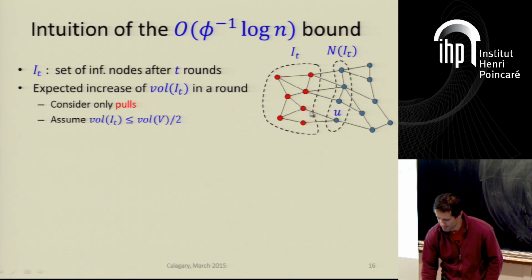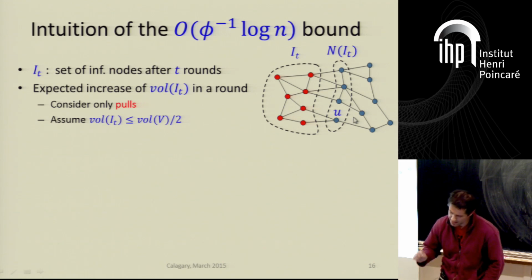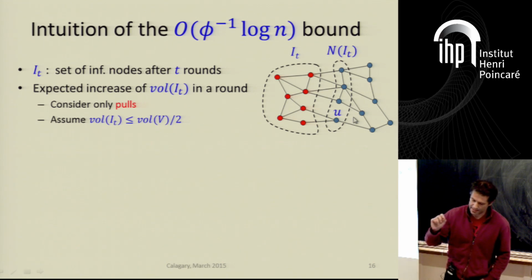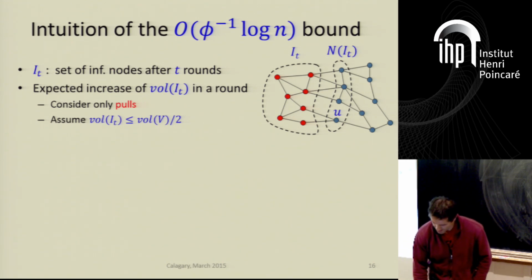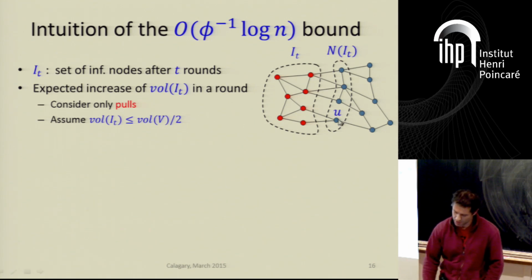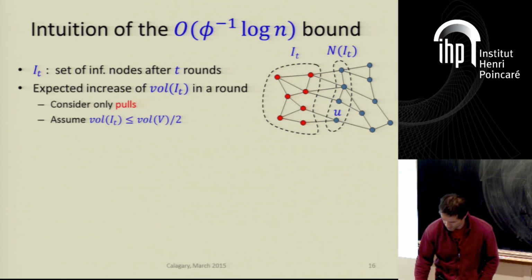So the probability that it happens is 2 over the degree of the node. And if this happens, then the increase in the volume of the red nodes because of this node is equal to the volume of u, which is the degree of u.